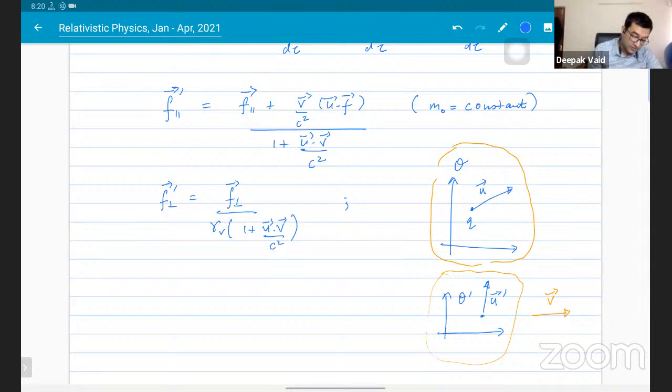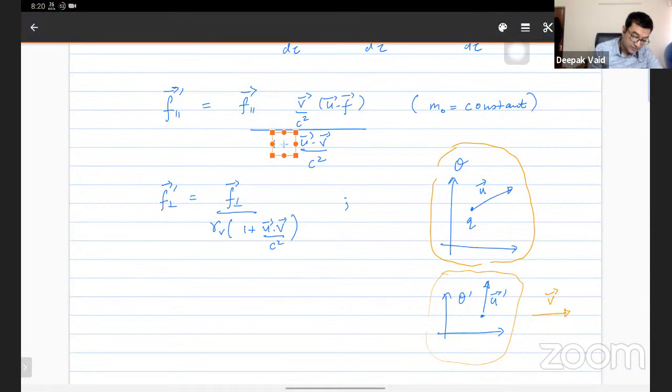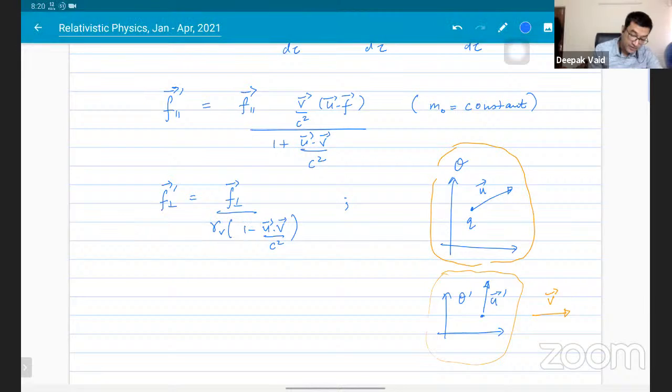So no, actually, I did take into account the sign correctly. So let me adjust the sign of these equations. Minus. That is, when O prime is moving with some velocity v, you get a minus sign in this expression. When I did the derivation in class, I said O is moving with some velocity v, so you get a positive sign. Okay.